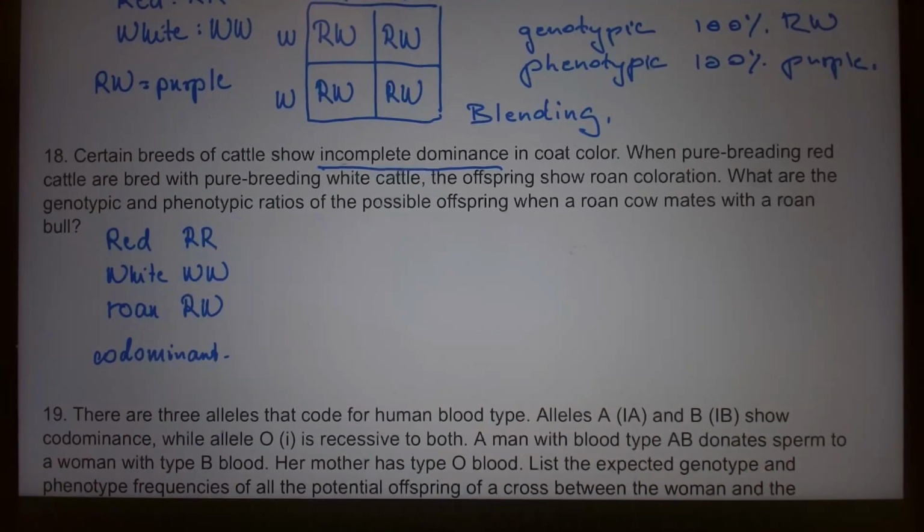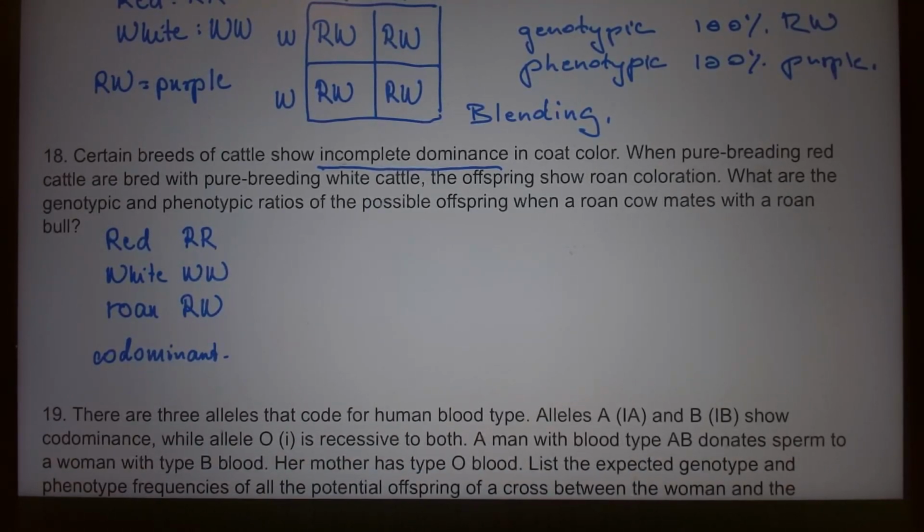But for our problem question, it really doesn't matter. Codominant is a way like one hair will contain red and the other hair will contain white pigments. That's why it adds up to a roan phenotypic colorization. Or it's the mix between red and white as an incomplete dominance. But at that point, it really doesn't matter.